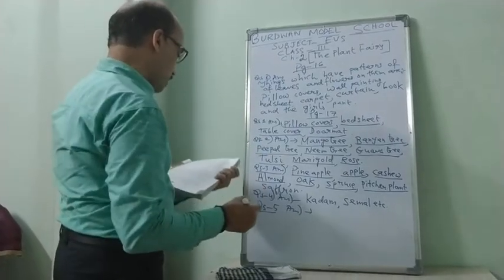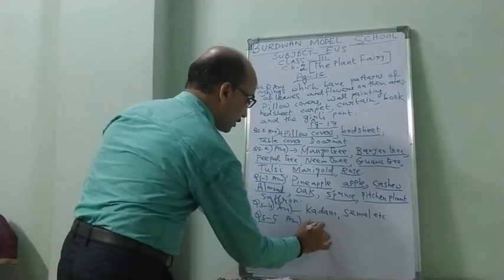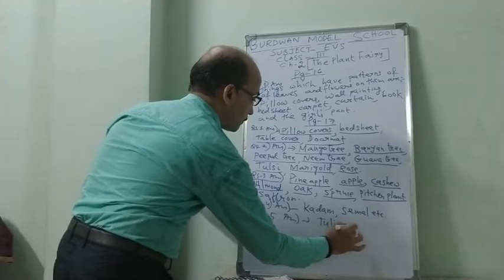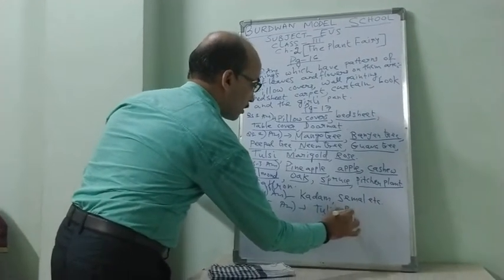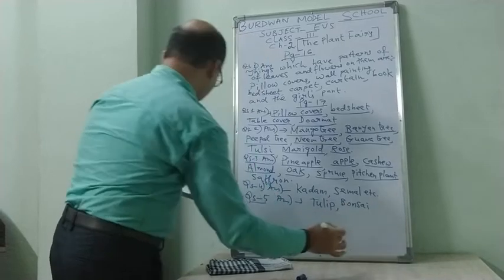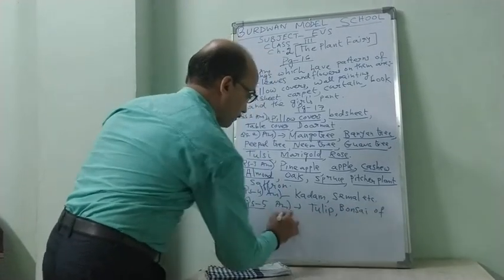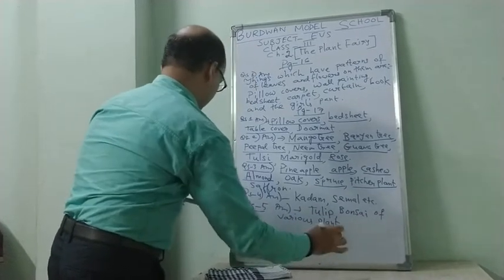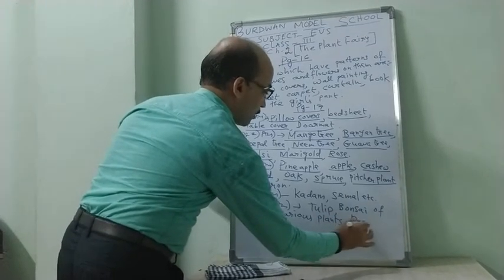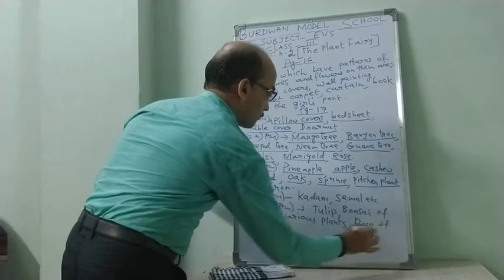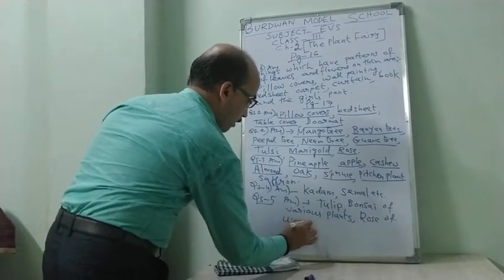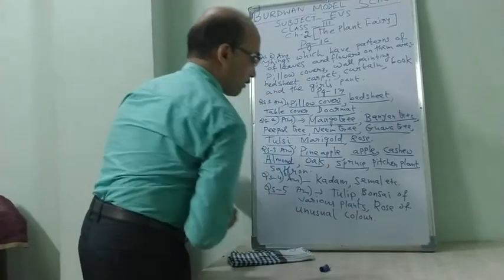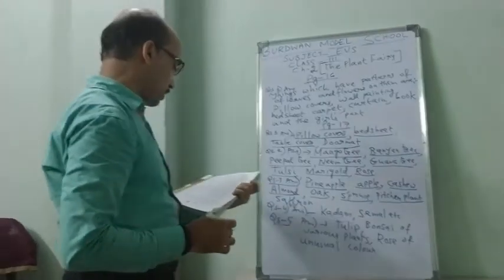I can write tulip, bonsai of various plants, rose of unusual color. This thing you write.